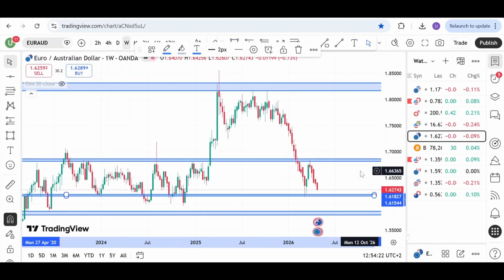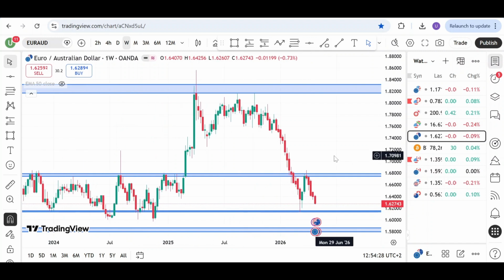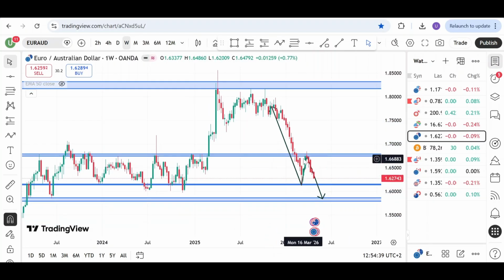It's like a macro level here, but nothing changed. We are in a downward trend because why? We have seen a break of structure to create a lower low here, lower high here. We can expect the continuation in a downward trend here.